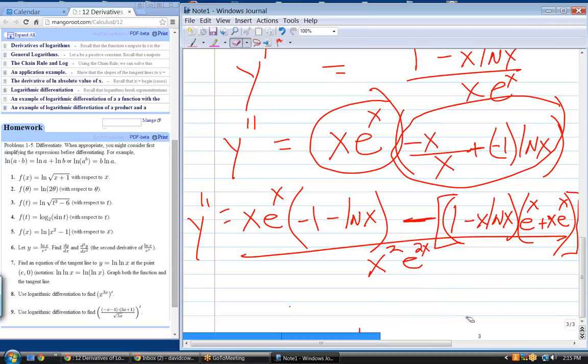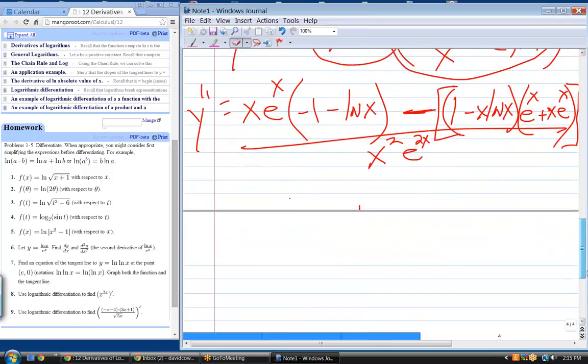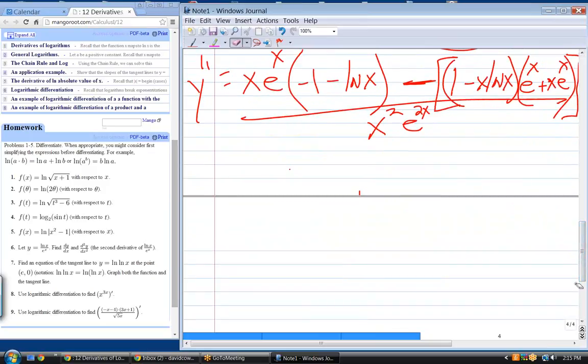Okay. Now, simplifying this. Well, I guess the first best thing we can do is distribute this stuff. Well, what is that?